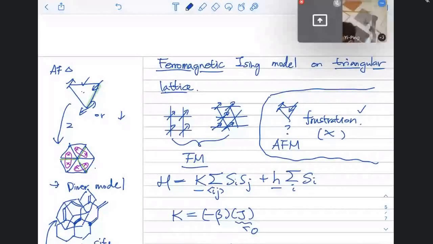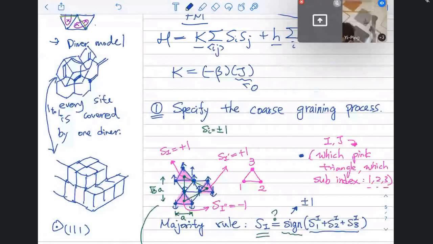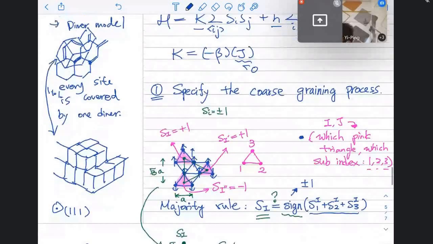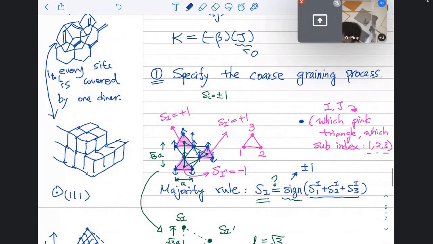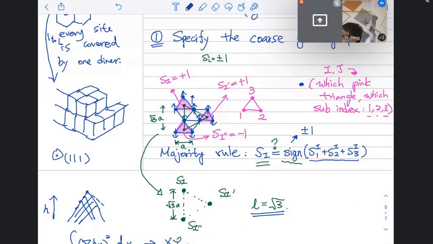So we try to define the coarse-graining process for this model and get block spin degrees of freedom using the majority rule, which assigns the block spin by the sign of the total spin on a particular triangle.